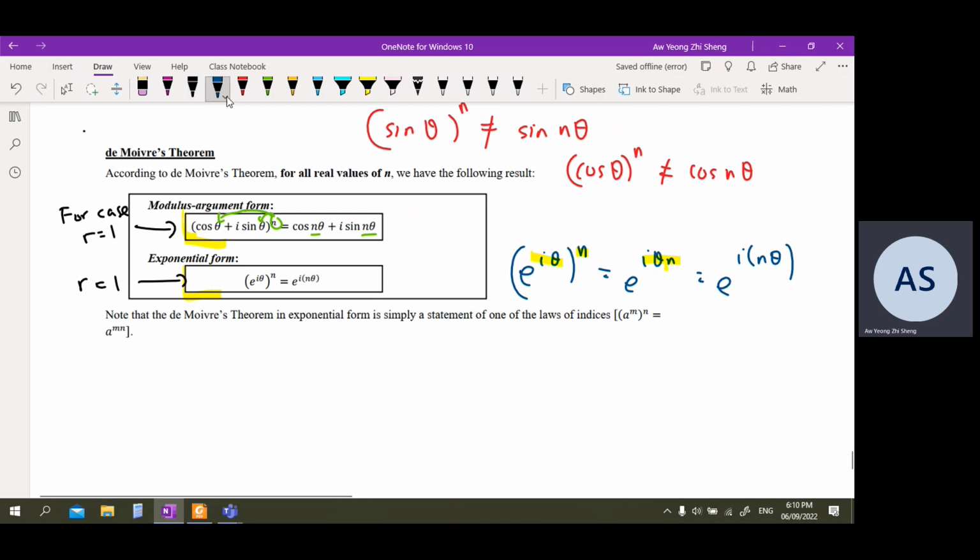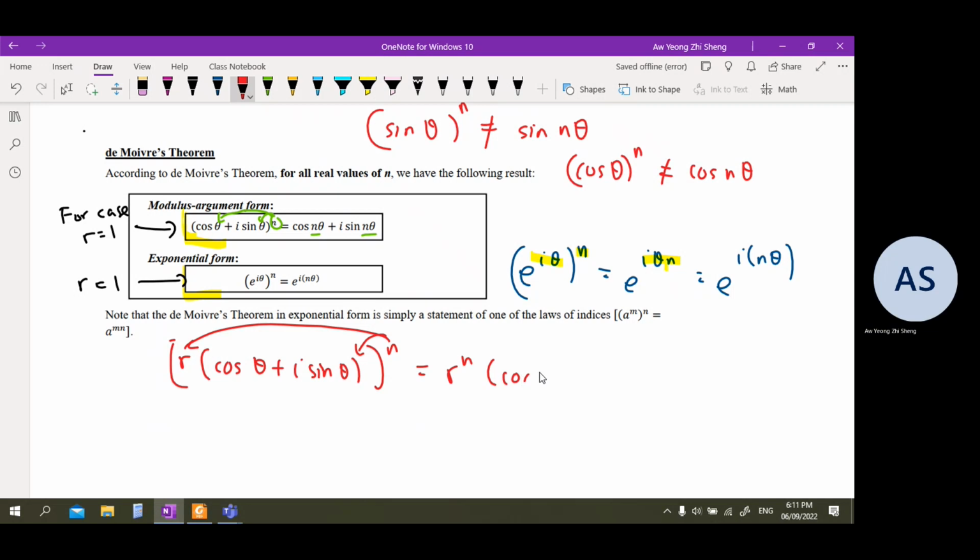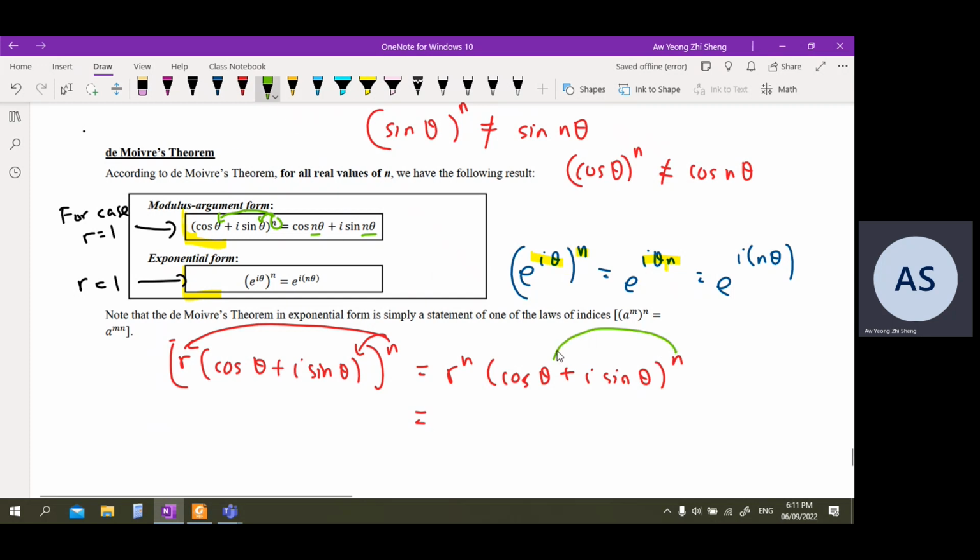So what if R is not 1? In general, if we have R (cos theta plus i sin theta) taken to the power n, you just need to distribute your n to the R and to this bracket: R^n (cos theta plus i sin theta)^n. Then using the result in the printed box, you can distribute your n into the angle theta, and straight away you get R^n (cos n theta plus i sin n theta).